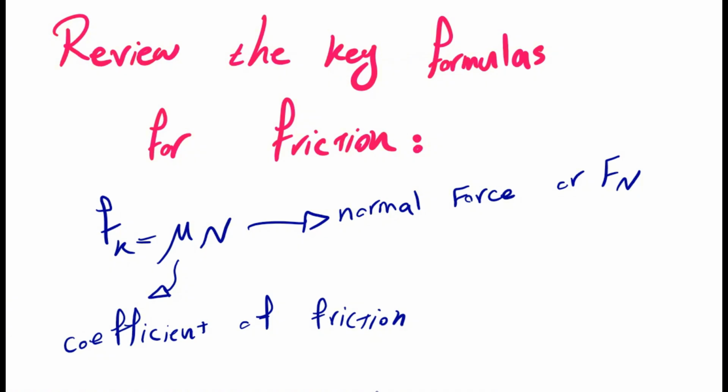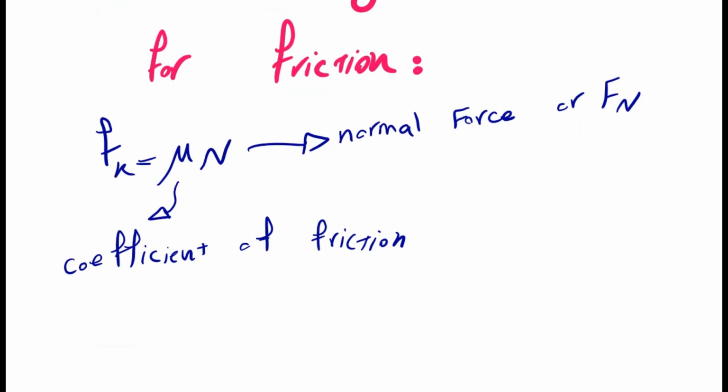For static friction, which prevents motion from starting, it's F static is less than or equal to mu N. It can vary up to that maximum.